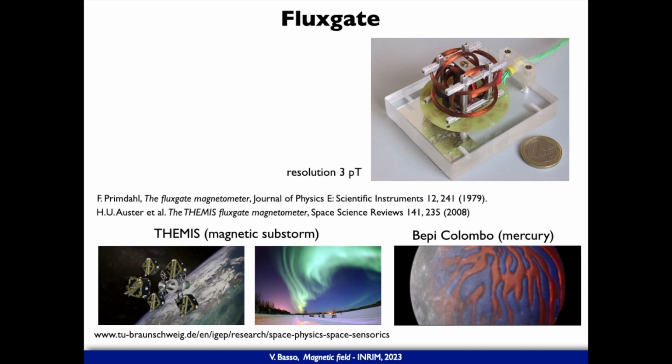It can achieve a resolution which is really exceptional, like this one of 3 picotesla. Flux gates are exceptional instruments, and they are used as the sensing magnetic field instruments of many space missions. So they are really state-of-the-art magnetometers.